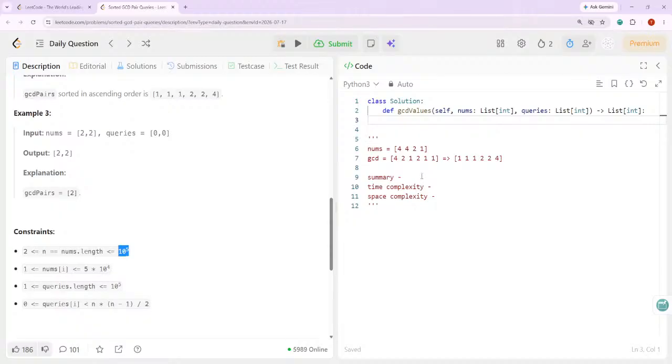So the question is, how would you save time within the finding of the GCDs rather than doing n squared for all pairings?